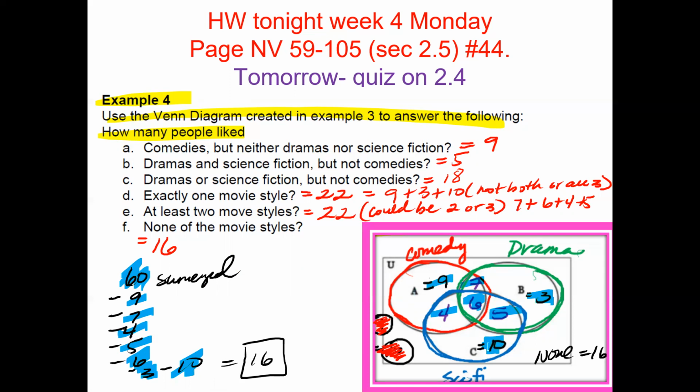So that's all the people that actually showed a preference that's inside the 3 circles. And so once you subtract them, you get 16 left, which means 16 people surveyed did not like comedy, drama, or science fiction, or any combinations of the 3. So 16 of them probably prefer romance, documentary, maybe action, horror movies.